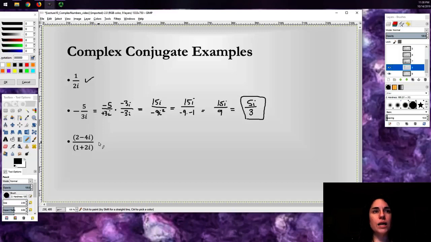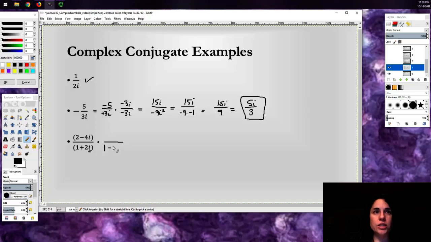I picked a more complicated one here because I wanted to show you when there's a real and imaginary portion. Okay. So in order to get the imaginary number out of the denominator, I'm going to multiply by the complex conjugate, which means negate the imaginary part. So I'm going to leave 1 by itself. It stays the same sign.